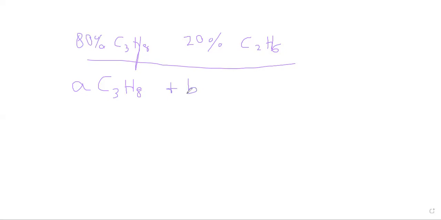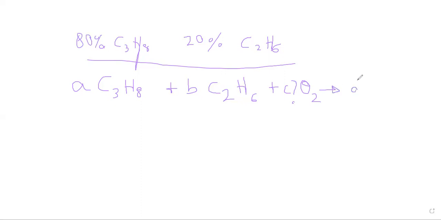I can do the analysis first for any value of A and B, for any number of kilomoles of C3H8 plus any number of kilomoles of C2H6. And in complete combustion reactions, I need to react this with O2. Of course, I need to determine what should be the coefficient C of O2 to give me the products of complete combustion.